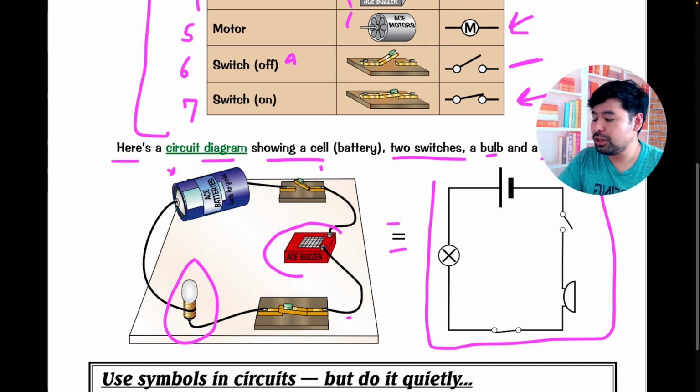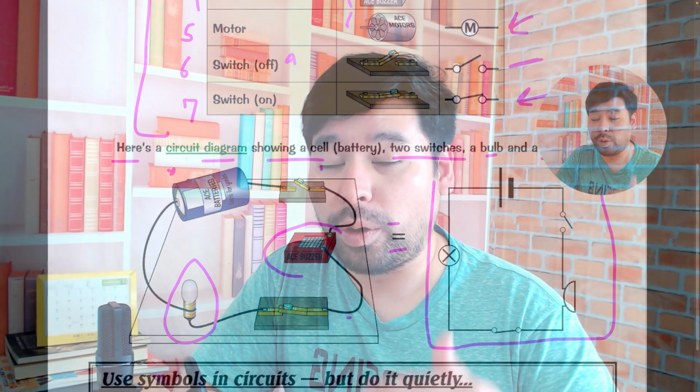So of course you can say, but teacher, why? If the two images have the same meaning, why should I learn the diagram? Because normally, when we are studying from books, and even machine tutorials or guidebooks that we receive when we buy something or when we work, especially in your job, in a work environment, the books that you're going to receive will not have pictures, but they will have diagrams.